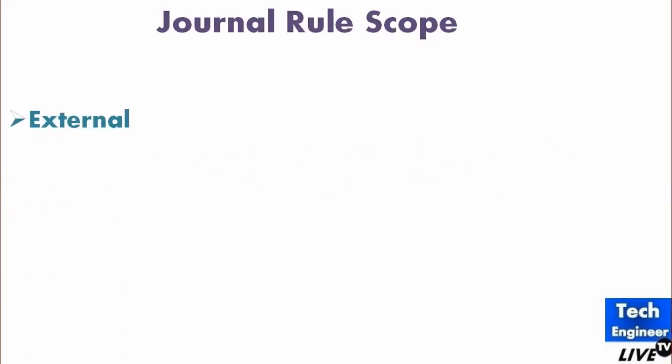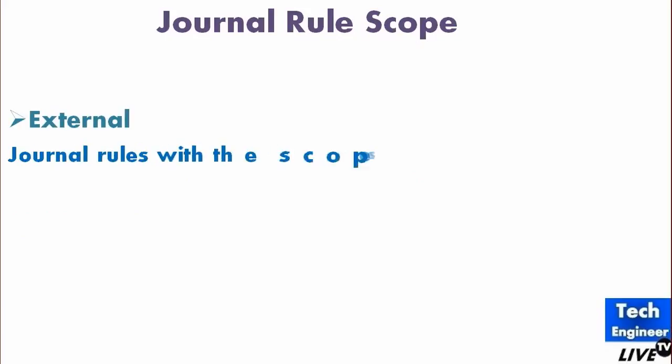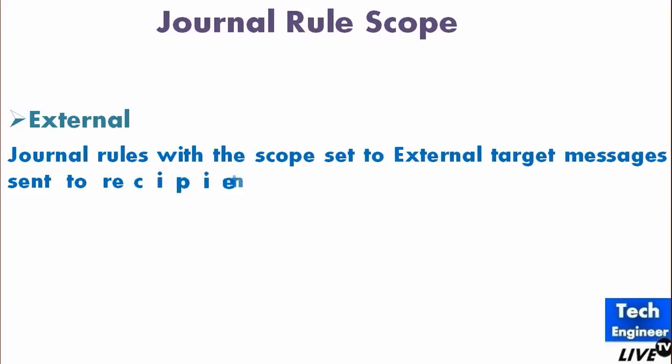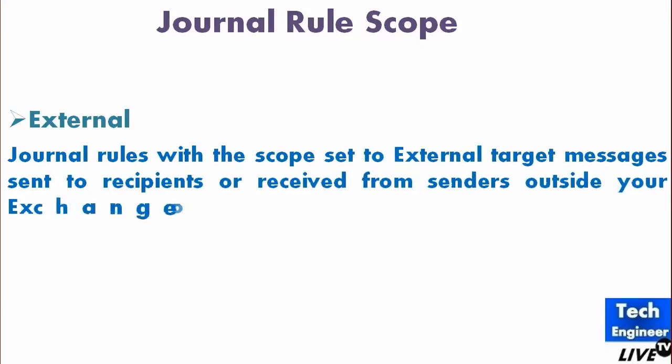There is another rule scope, which is external. General rules with the scope set to external target messages sent to recipients or received from senders outside your organization. Basically, very few people in the organization get the opportunity to exchange mails outside their network.